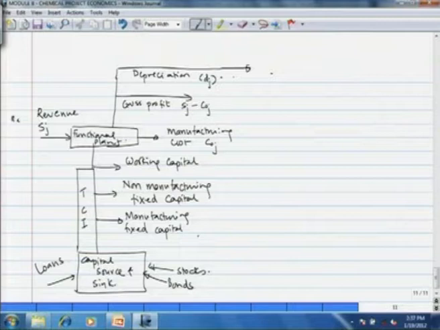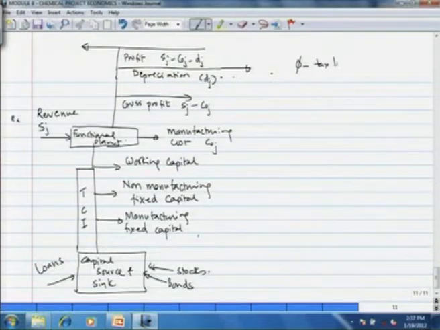And then out of the net profit, part goes in the form of income tax. The net profit is Sj minus C naught J minus Dj. Let us say phi is the percentage of our tax limit, or tax percentage.